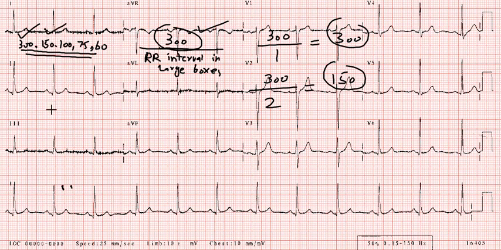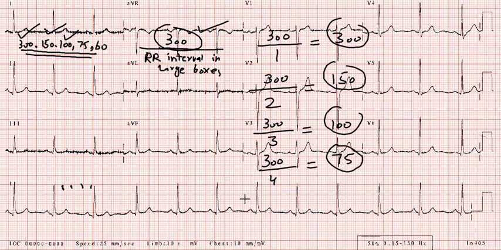If there are three large boxes between two consecutive R waves, 300 divided by 3 is equal to 100. This 100. And if there are four large boxes between two consecutive R waves, 300 divided by 4 is equal to 75.